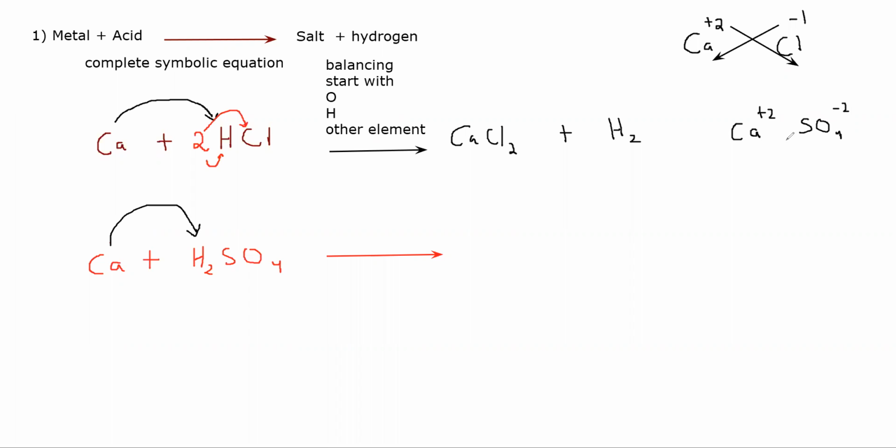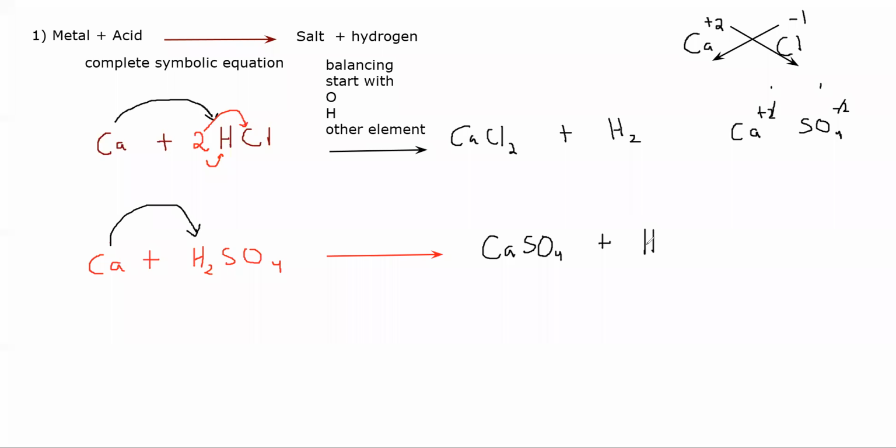We discussed the charges on the molecular ions. So when two valencies are the same, you simplify the valency. It's 1 and 1, and when you cross multiply, it will be the same. So the formula is CaSO4 for calcium sulfate plus hydrogen.